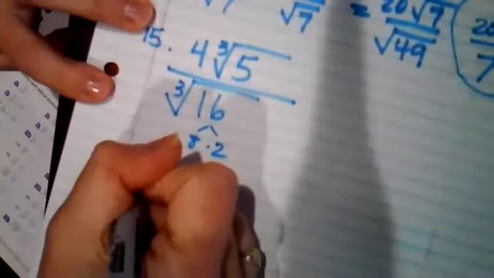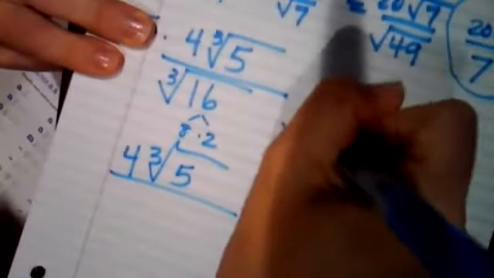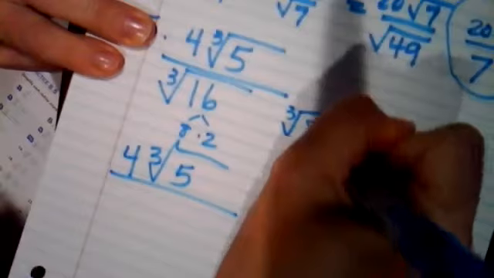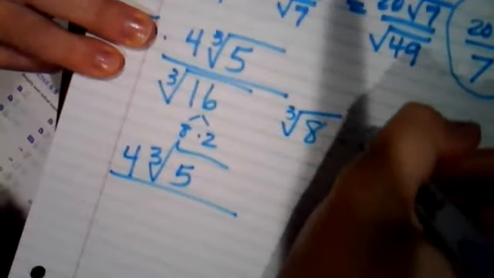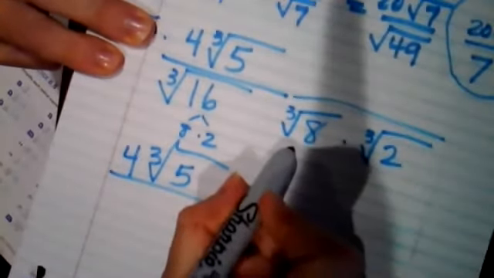So I'm going to rewrite. We have this on top, and on the bottom, this is what's on the denominator. Now, what is the cube root of 8?